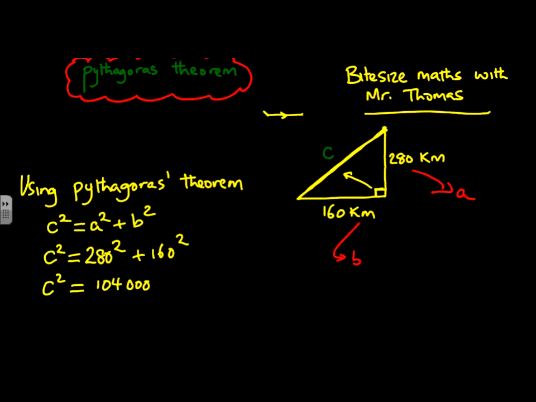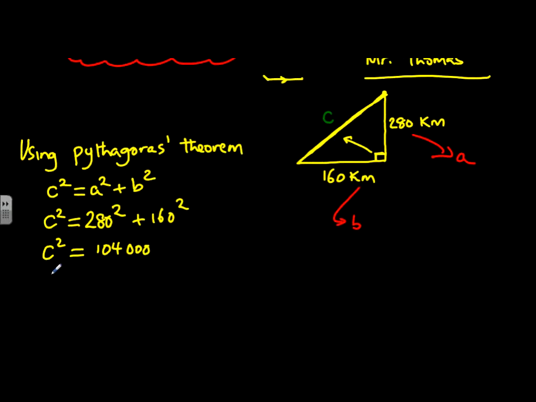So to find c, we need to find the square root of both sides. And remember that the square root of something squared is just equal to that something. Okay?